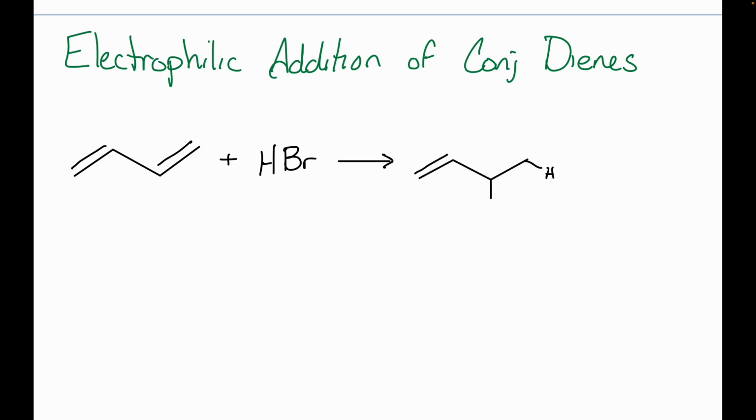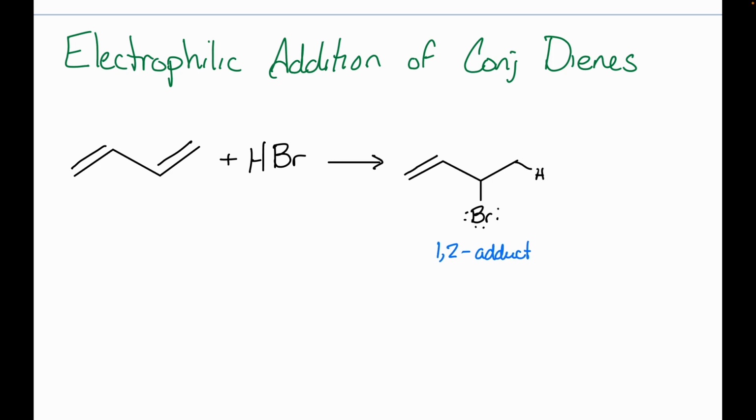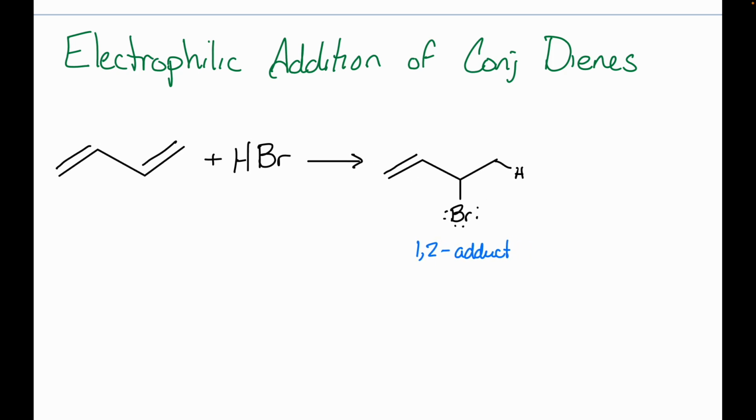The first we call the 1,2 addition because hydrogen and bromine are located 2 carbons apart. And the other one we call the 1,4 adduct, 1,4 addition, because the hydrogen and the bromine are located 4 carbons apart.